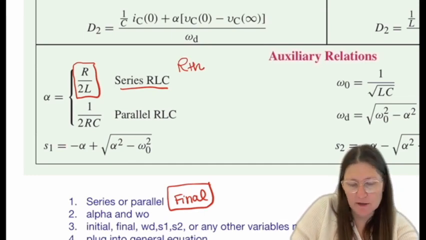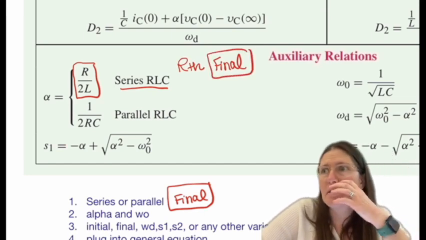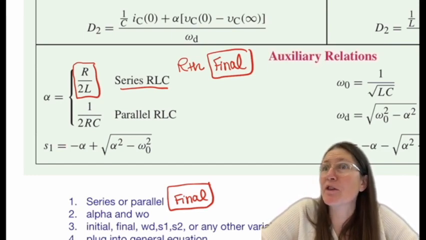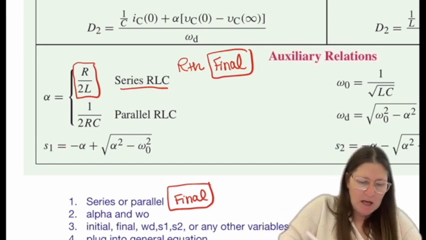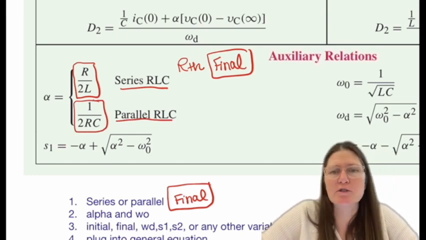Final. Final, correct. Again, final. Is there anything that we look at for the initial besides just like VC of 0? Just the initial values, correct. So all the other ones are always going to be in the final state. And then for parallel, it will be 1 over 2 RTHC.